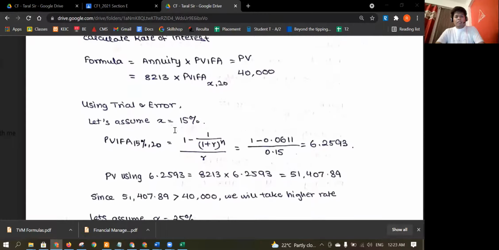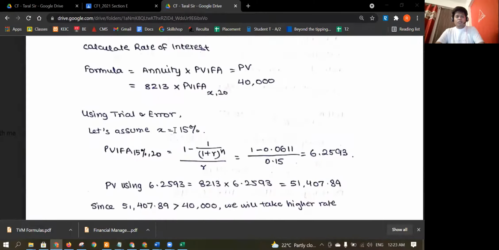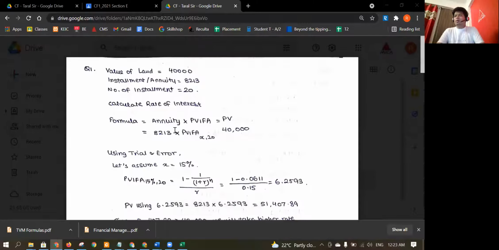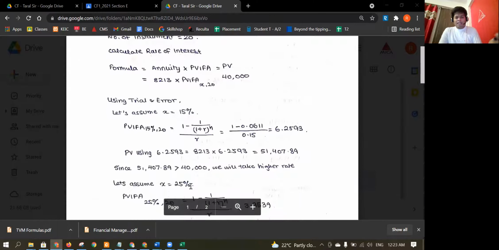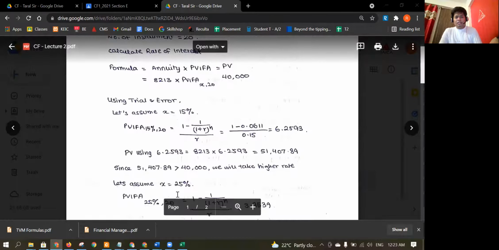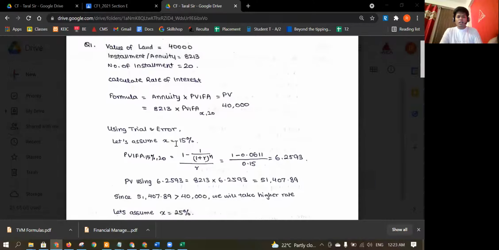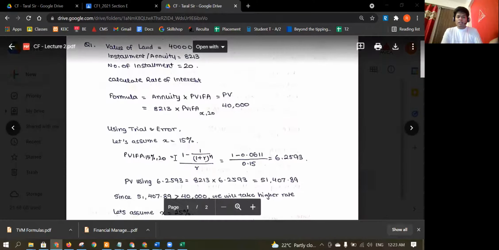So basically, how you do that is you take any two rates. Generally we take 10% because the value for 10% is easier to calculate, but you can take any rate. I've taken 15% and 25% in this case. Assume any rate and find the PVIF using that rate.